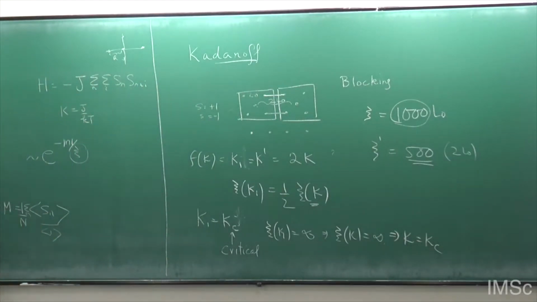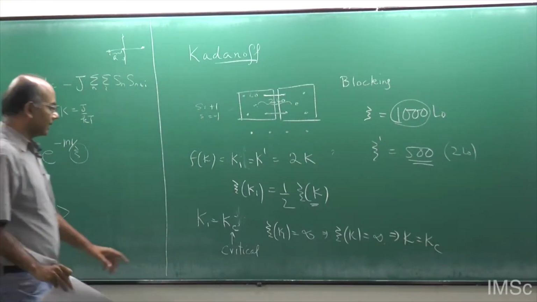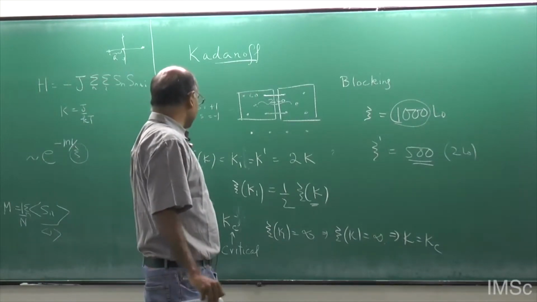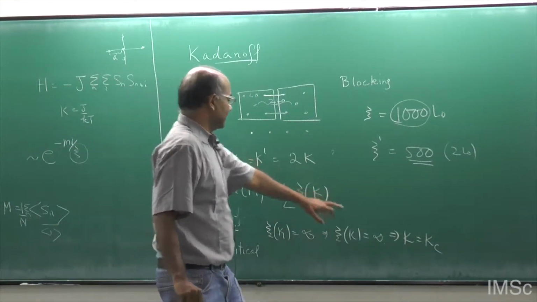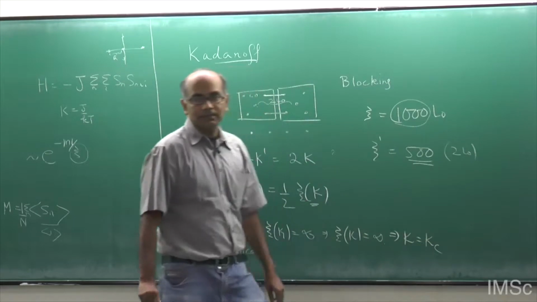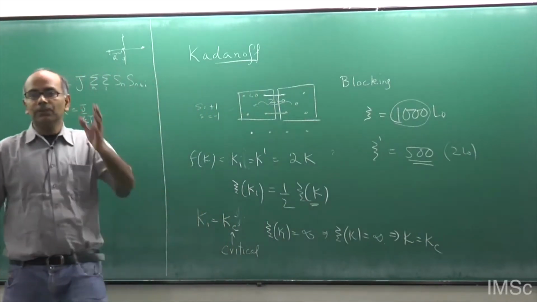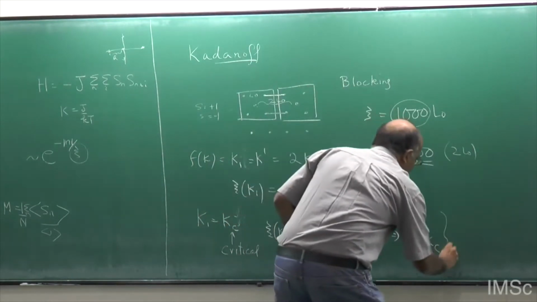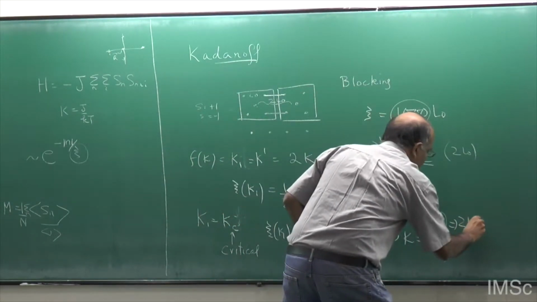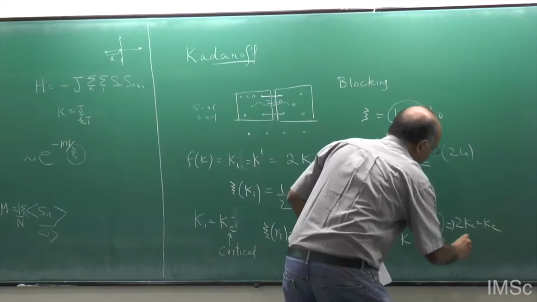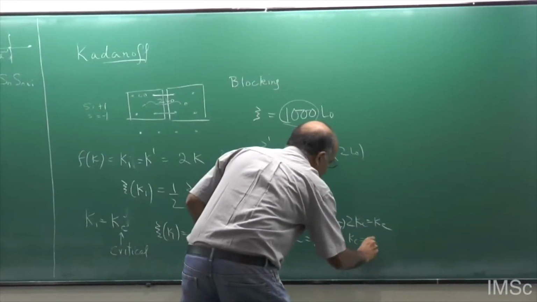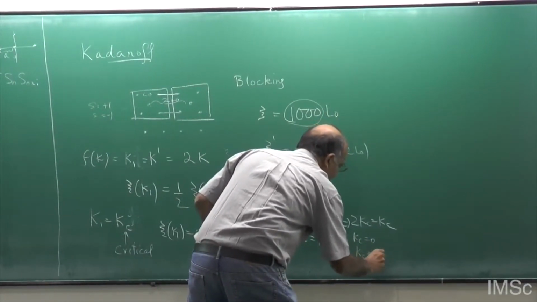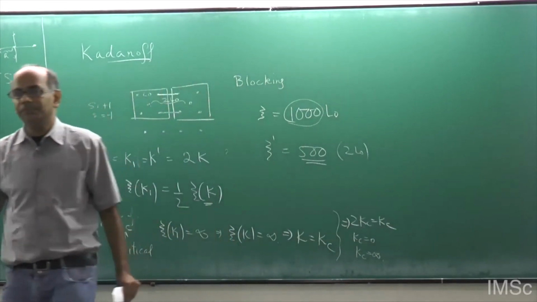So you get a funny thing that says K1, which is 2K, is Kc, but K is also Kc. So you see that 2Kc is the same as Kc. So this implies that there are only two possibilities, Kc equals 0 or Kc equals infinity in this simple scheme.